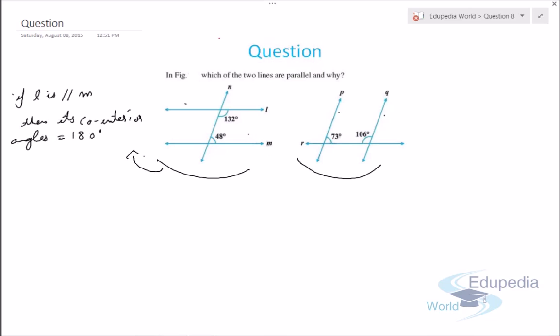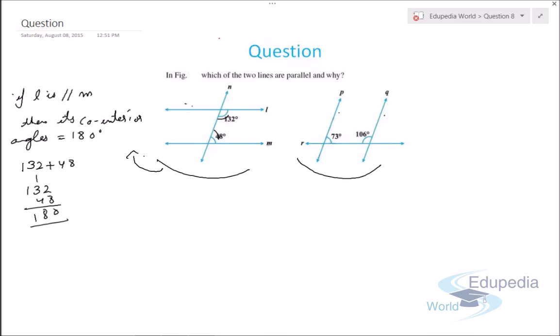These are angles on the same side of parallel lines and they are interior, meaning they are on the same side, either left or right, and interior, like this angle and this angle, and their sum should be equal to 180 degrees. So let's check. 132 plus 48, so it comes out to be 180. So their sum is coming out to be 180.